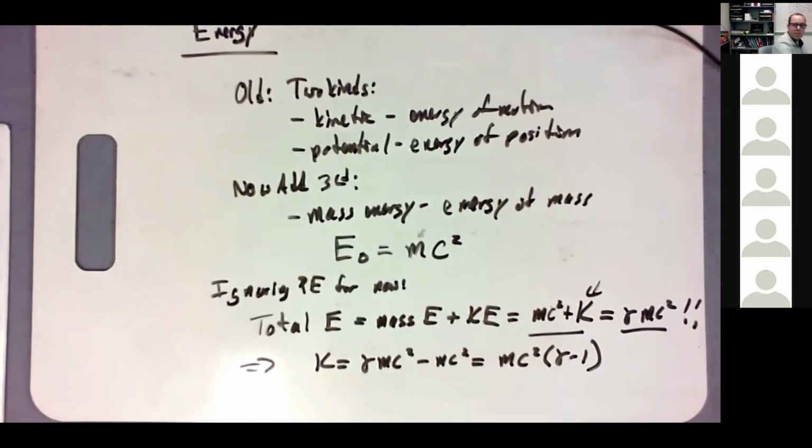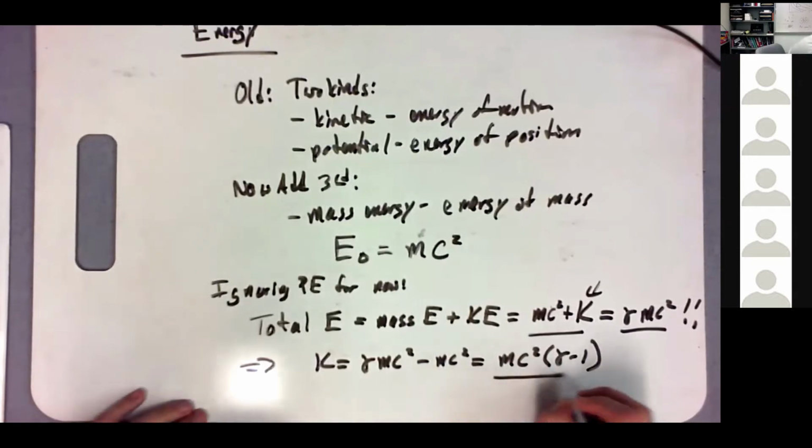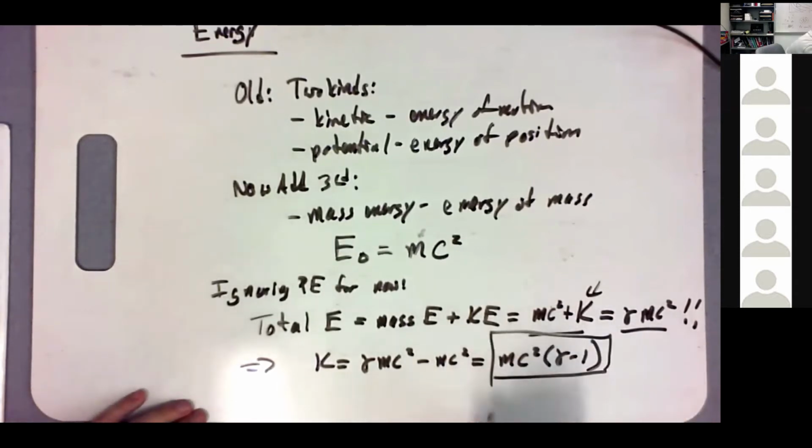Remember, gamma is always a number greater than or equal to 1. So that's interesting. This is our new relativistic definition for what kinetic energy is. And it has the mass of the particle as it should, right? We had mv squared before. Now we still have kind of an mv squared, but there's a gamma minus 1 to give you how fast it's moving.